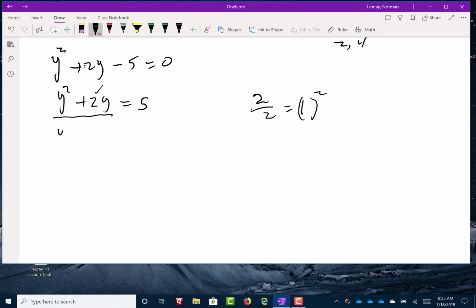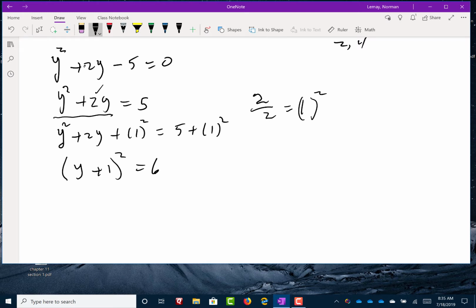So now I get y squared plus 2y plus 1 squared equals 5 plus 1 squared. So this factors to (y + 1) squared, and 5 plus 1 squared, so can we see we get 6.